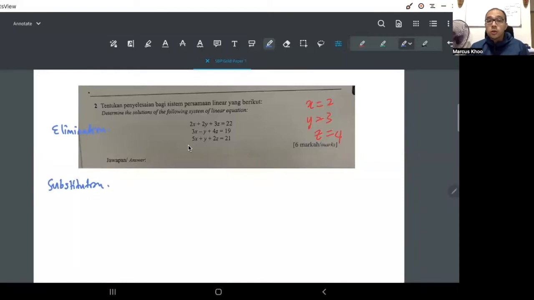It really depends on which way you prefer. Either way will give you the same answer. But I suspect that most people will prefer the elimination method because it's easier. It's familiar, especially if you've done this since Form 3.